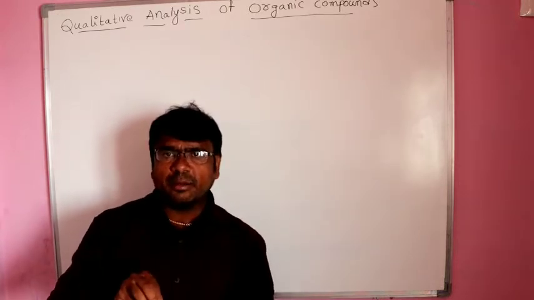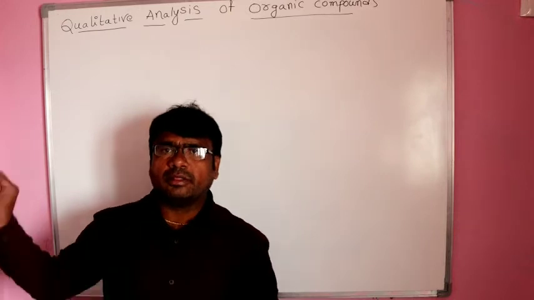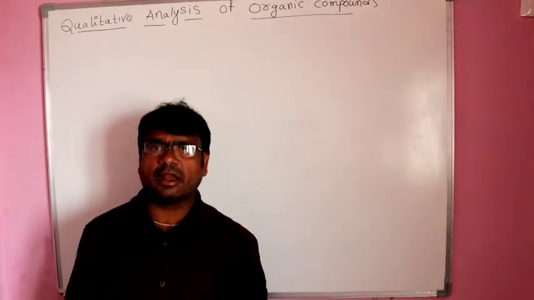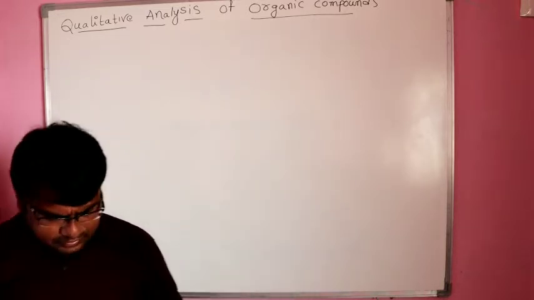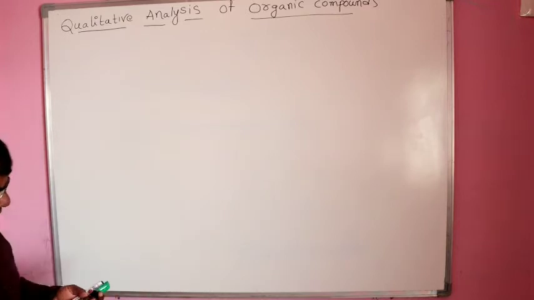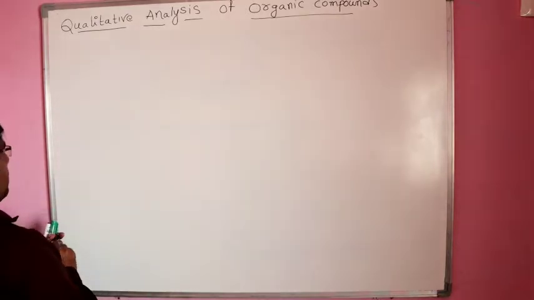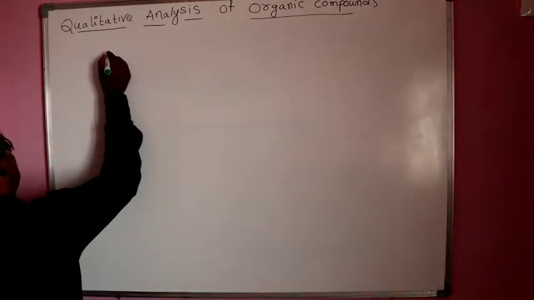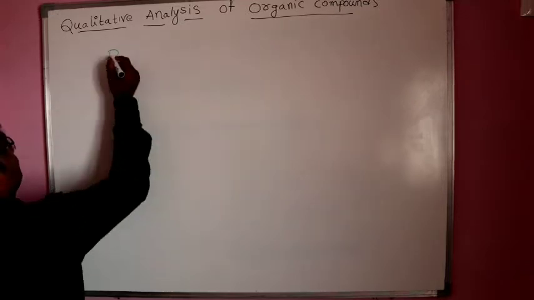To detect the elements, whatever tests we follow, that is known as qualitative analysis of organic compounds. Here, first in qualitative analysis, there is a detection of carbon and hydrogen. First one, detection of carbon and hydrogen.